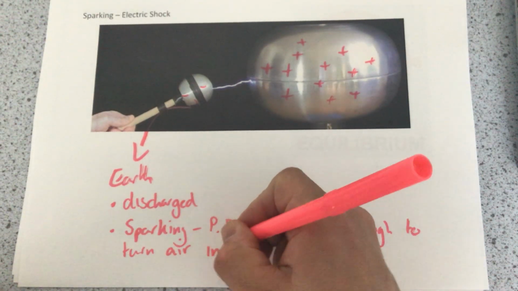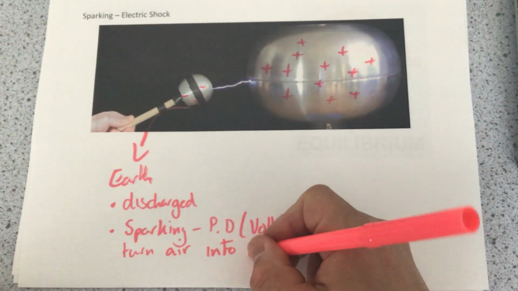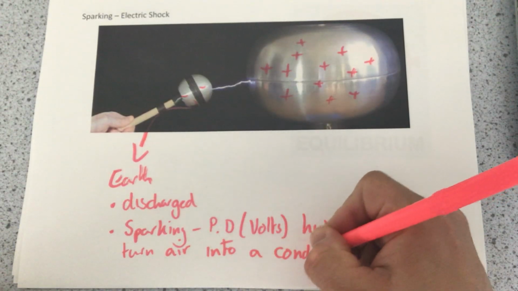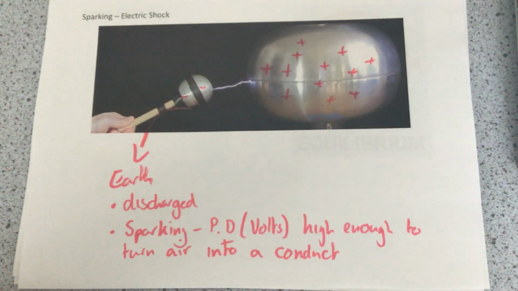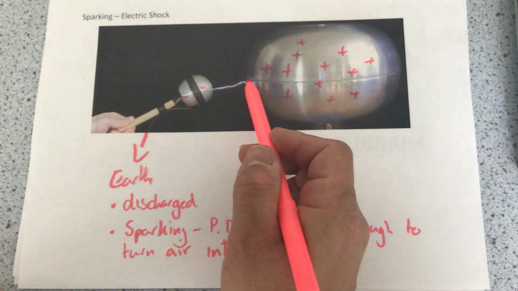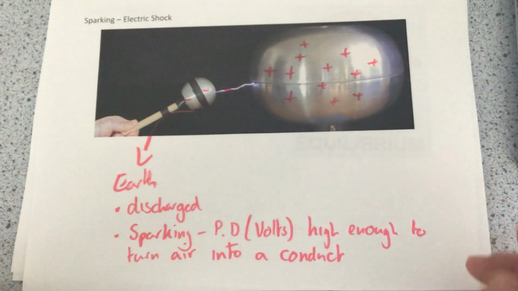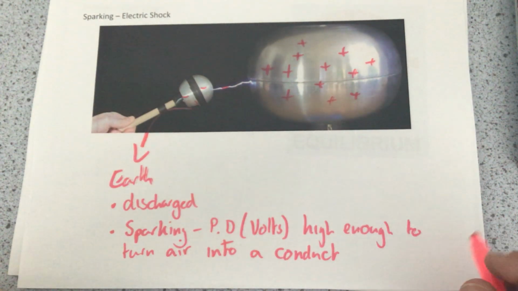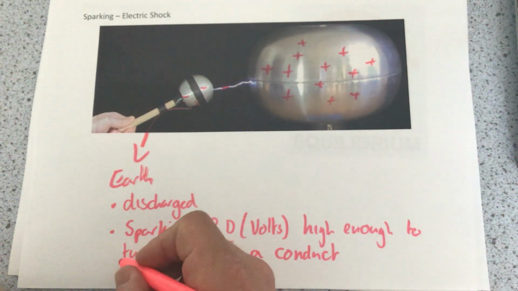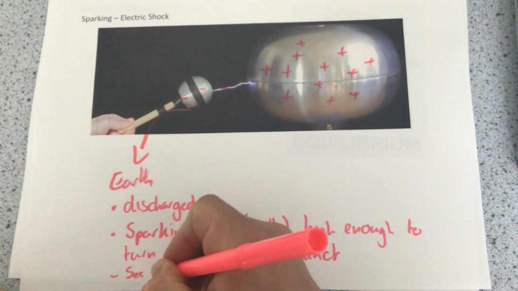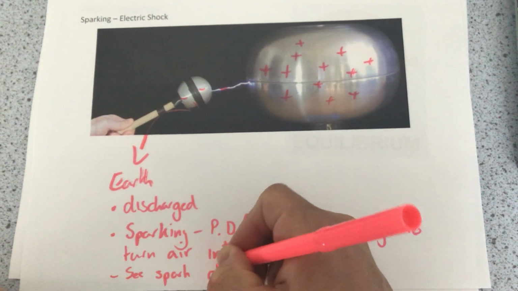Now, when the air becomes a conductor, at really high potential difference, the current can leap from one to the other. So the current leaps across the gap, we see a spark, and the object becomes discharged. So we see a spark, object discharges.